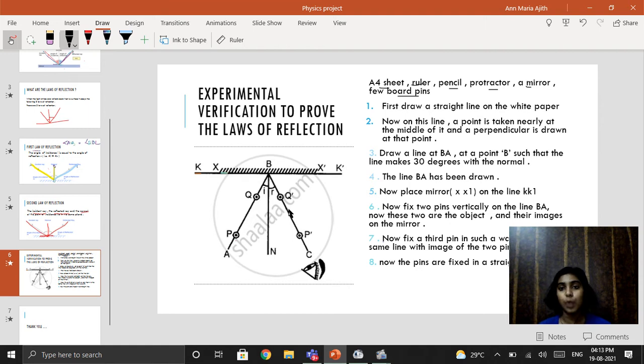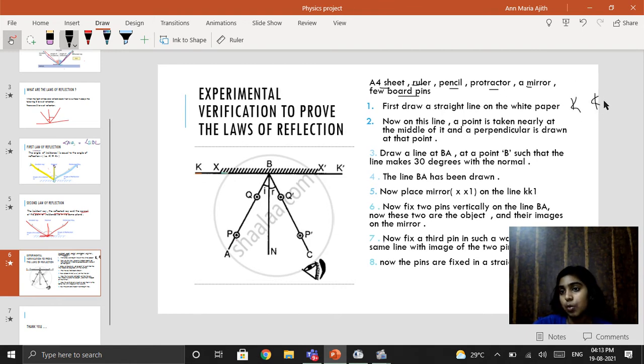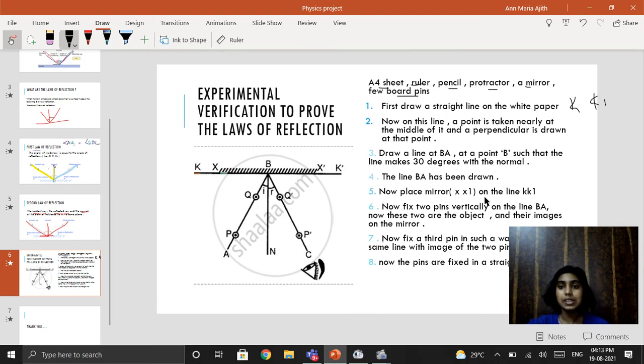First, on a white sheet of paper, let us draw a straight line. Over here I am drawing a straight line and I am naming it KK1. On this line, approximately in the middle of my line KK1, I am taking a point and I am naming the point as B and I am drawing a normal. I am drawing a perpendicular.